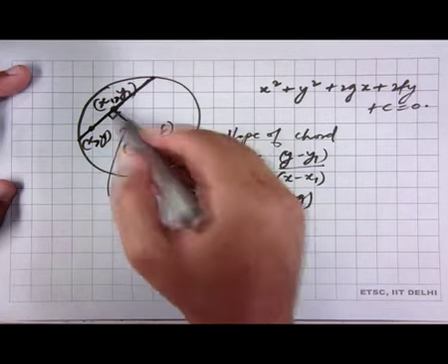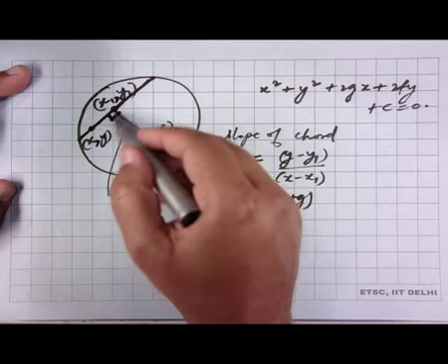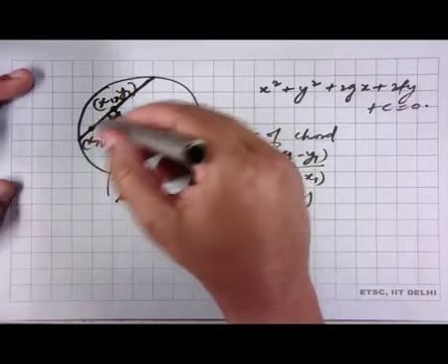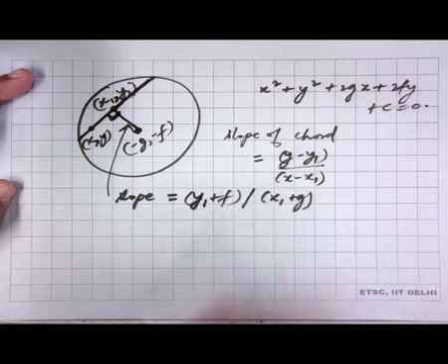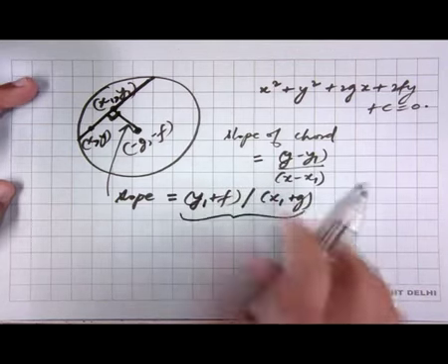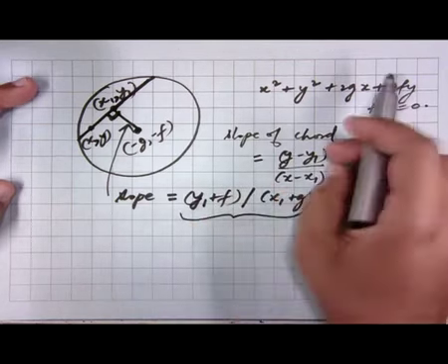But since these two straight lines are at 90 degrees, the product of the slopes should be minus 1. And therefore, this times this should be minus 1.